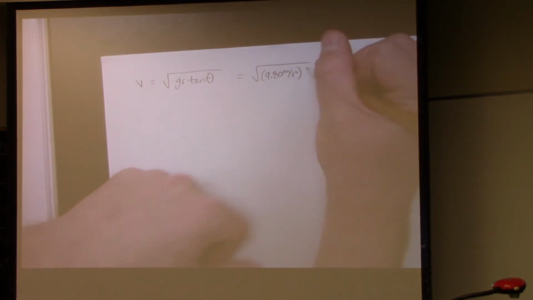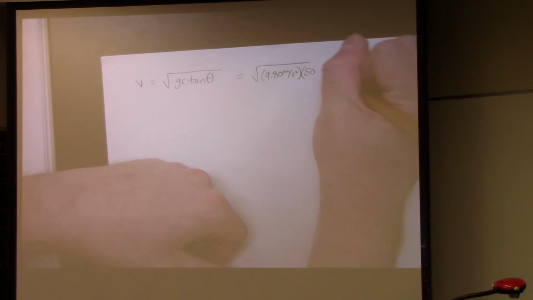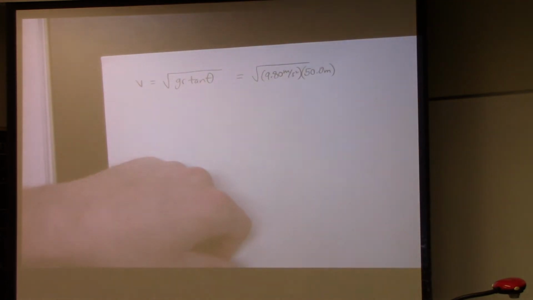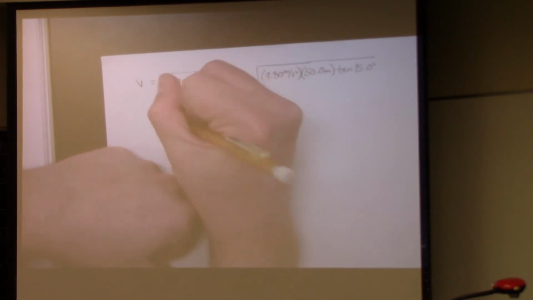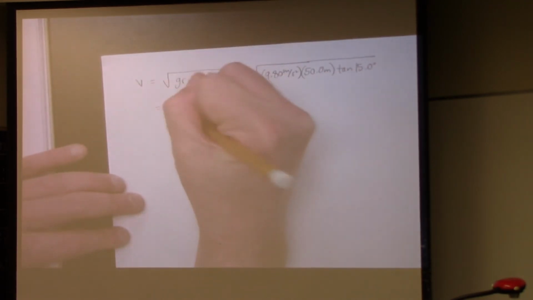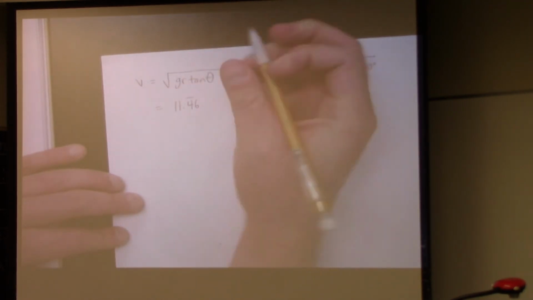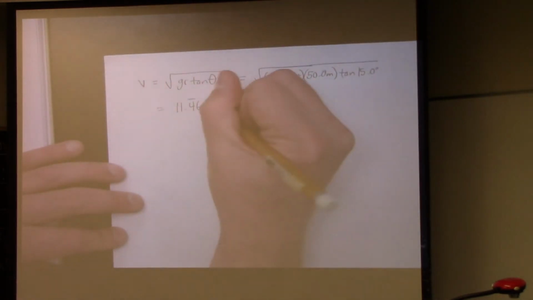The radius of the turn is 50 meters. And then tangent of theta is tangent of 15 degrees, which gives us, for the rated speed, 11.46, keep 3 sig figs, meters per second.